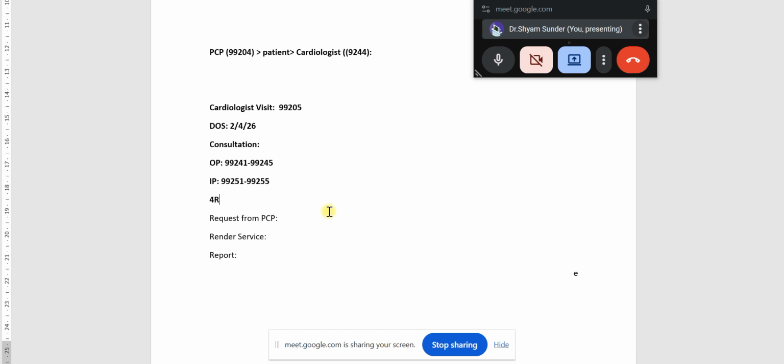Yes, because to bill these consultation codes, which have the higher dollar amount, the patient has to go back to the PCP. If the cardiologist is not sending the patient back to the PCP, then the cardiologist has to bill the office visit codes, and the patient will continue to come to the cardiologist for follow-ups.